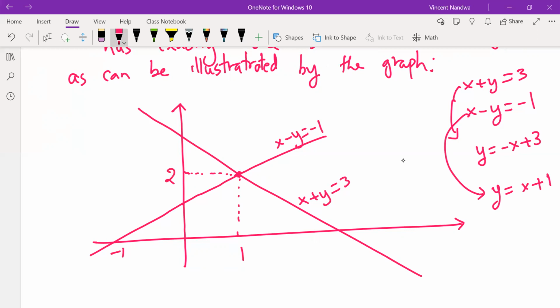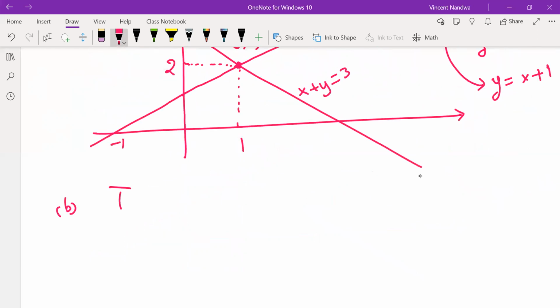So this is a point of intersection, (1, 2). Putting in 1 and 2, 1 minus 2 is -1, and 1 plus 2 is 3. So this is an example of a system of two equations having exactly one solution.